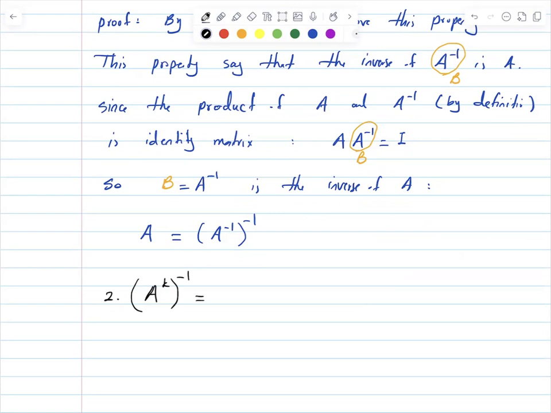This is basically writing the multiplication of the inverse of A k times by itself, which can be written as, hey, I have the inverse of matrix A, and now I'm raising it to power k. So again, if you have matrix A and raise it to power k, and then taking the inverse, is the same as finding the inverse of that matrix and raising it to power k.